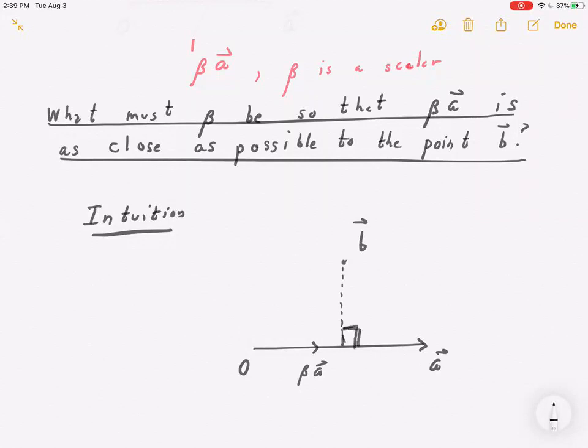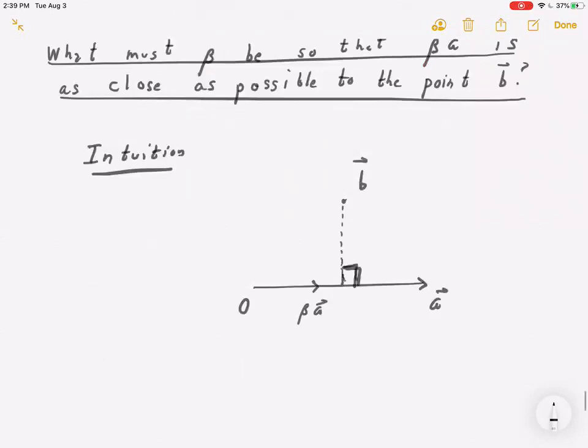Well, that's got to be given by this situation. The answer is simply going to be that B minus beta A, that's what this dotted line is.